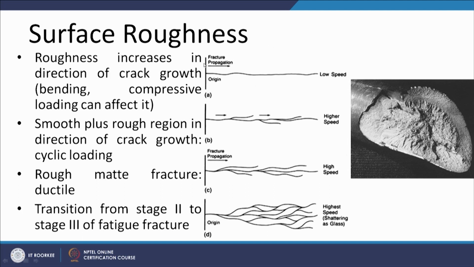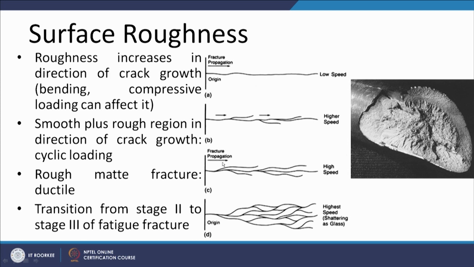So, in the direction of crack propagation from the origin to the end where the complete fracture takes place, low speed fractures indicate a smoother fracture surface.